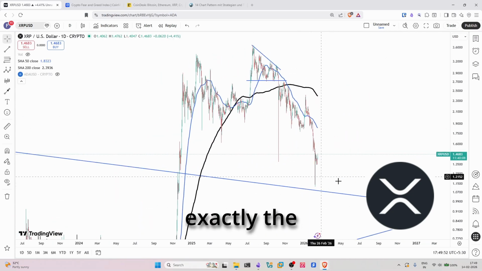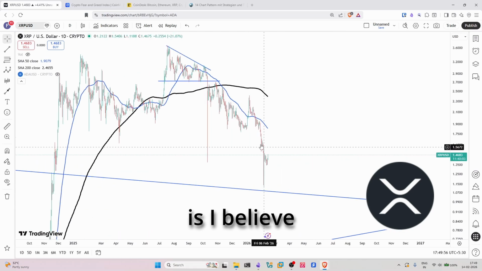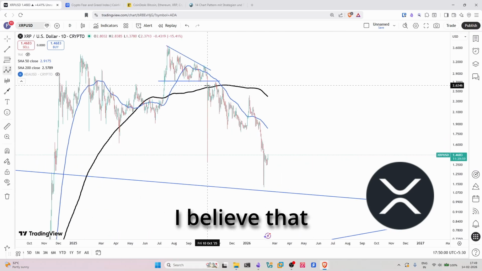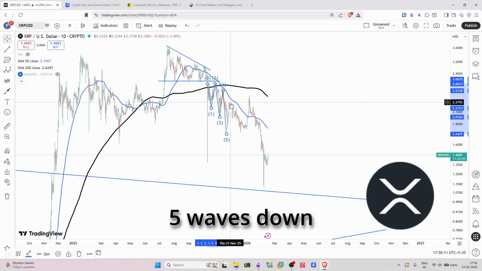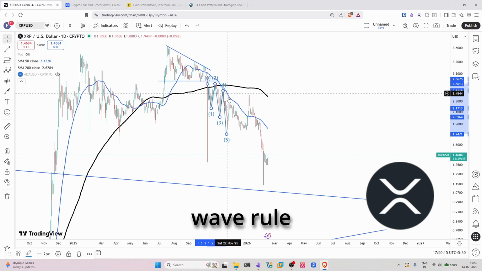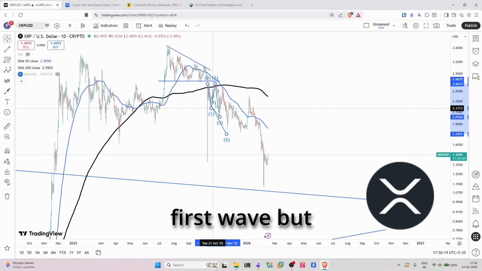Now, where exactly the bottom of the market or bottom of XRP is, I believe that it's following the same. I believe that this is a five waves down, and uniquely it violates the five wave rule because the fourth wave cannot be higher than the first wave.